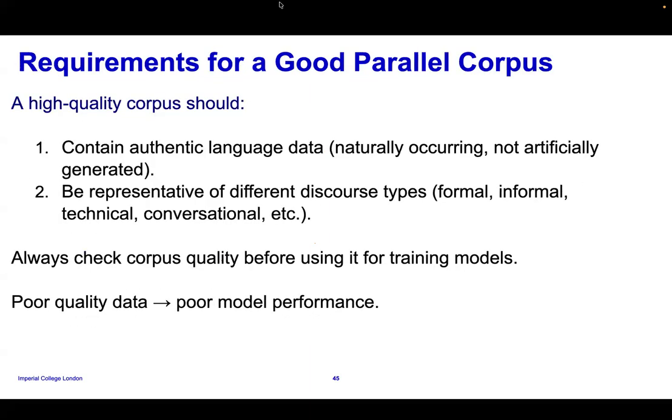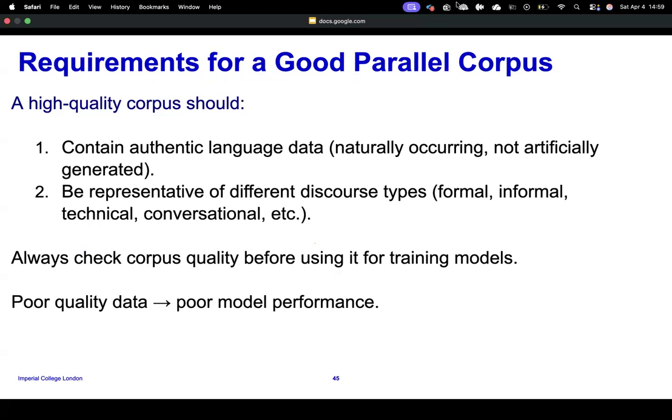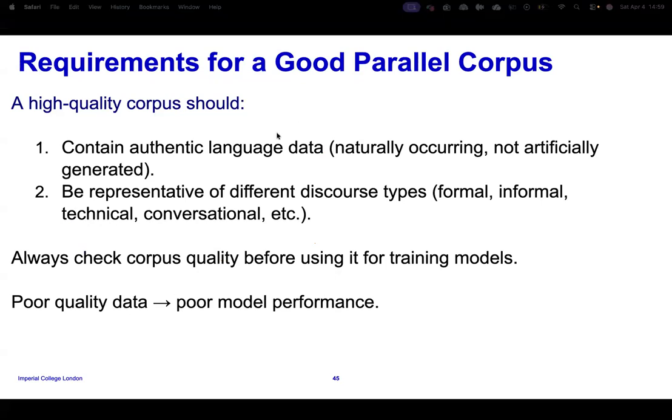You also need to know the requirements for a good parallel corpus. It contains authentic language data. For example, if you want to create a parallel corpus for Hausa, you need to get very authentic data, not artificially generated, for example, not data created from ChatGPT, because it will not be authentic. Also, it must be representative of different discourse.